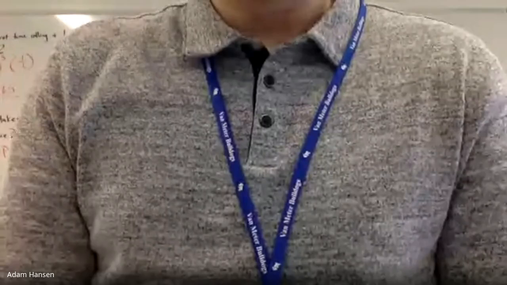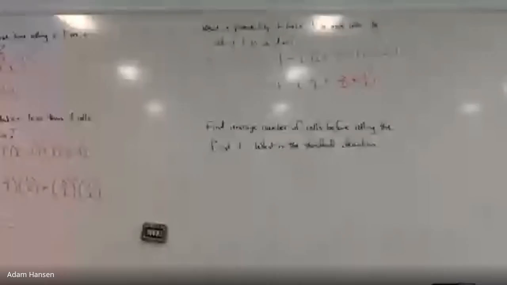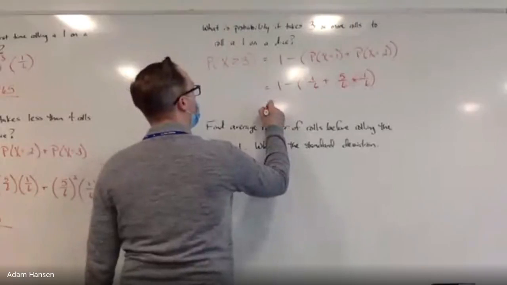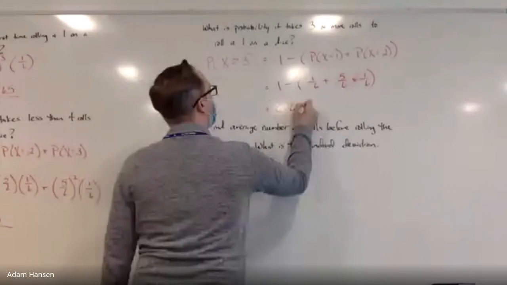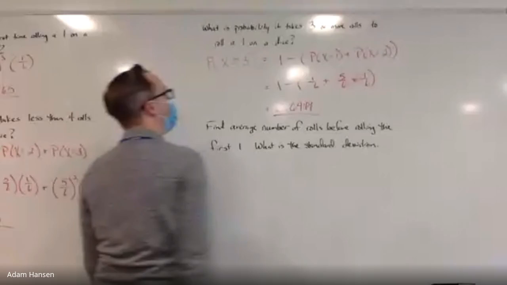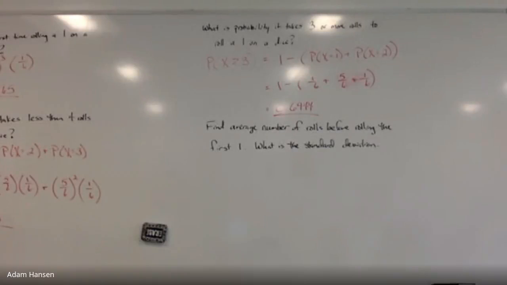That's approximately 0.6944. Just about 70% chance that it's going to take 3 or more rolls. There's an infinite number of things because it's either 3 or higher. So think about it backwards. Take away the 2 that it cannot be from the sum total of 100%.